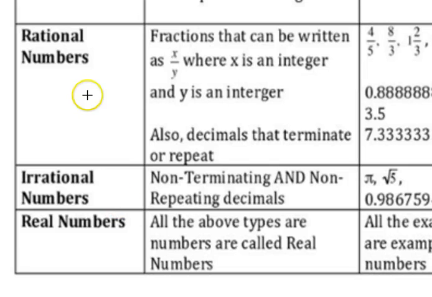Let's talk about what we mean by rational numbers. Any fraction that can be written as x by y, where x is an integer and y is also an integer, but y cannot be 0. So any number that you can represent as x by y, where x and y are both integers but y is not 0, we can call a rational number.